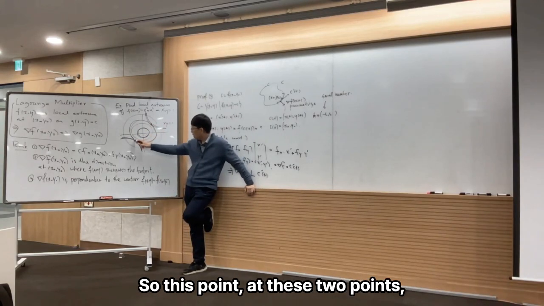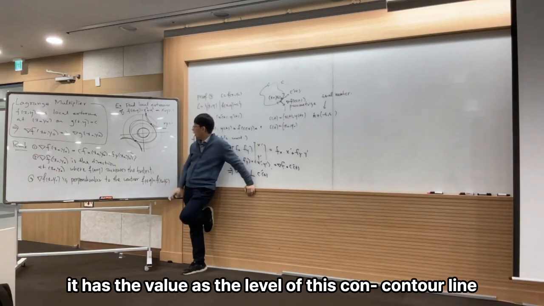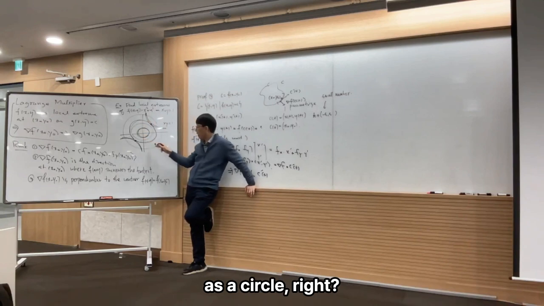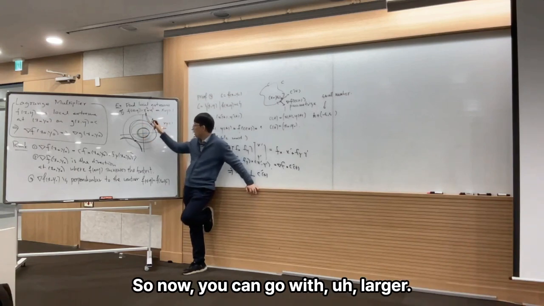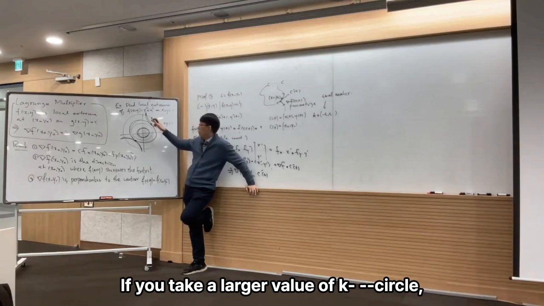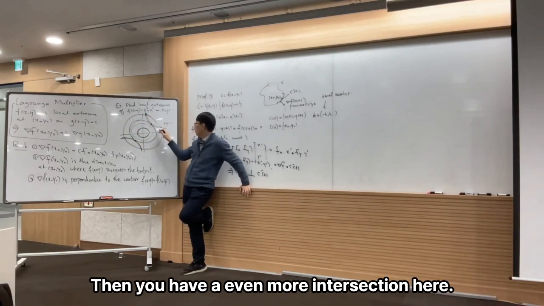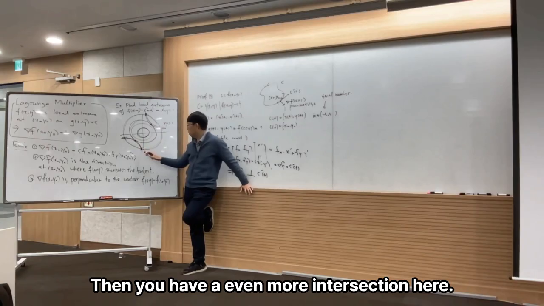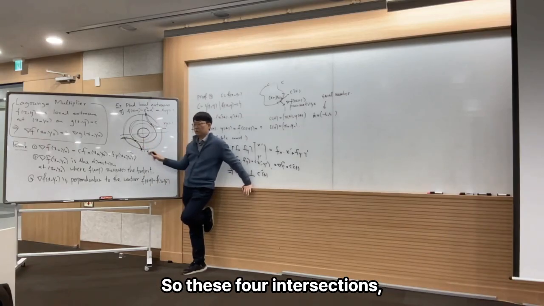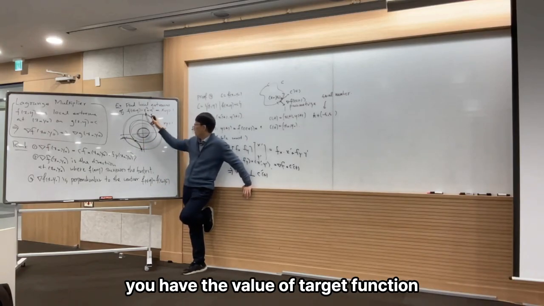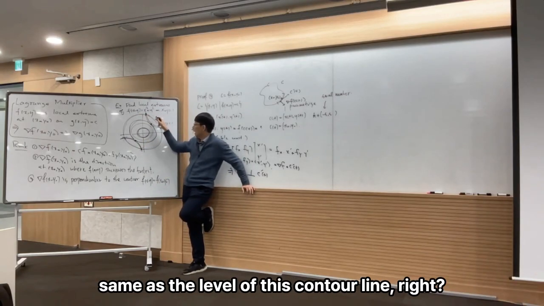So at these 2 points, it has the value of the level of this contour line, the circle, right? Now you can go a bit larger. If you take a larger value of circle, then you get here, right? So then you have even more intersections. So in these 4 intersections, you have the value of the target function the same as the level of this contour line, right?